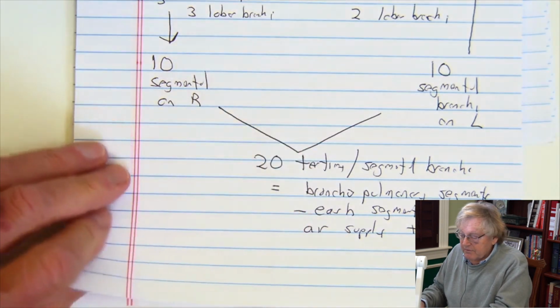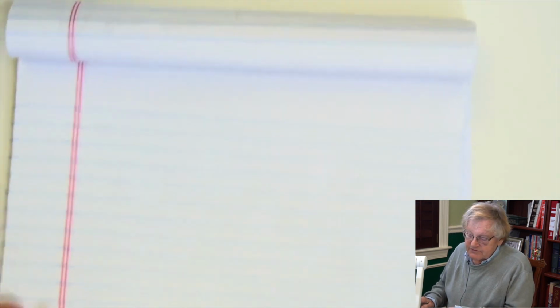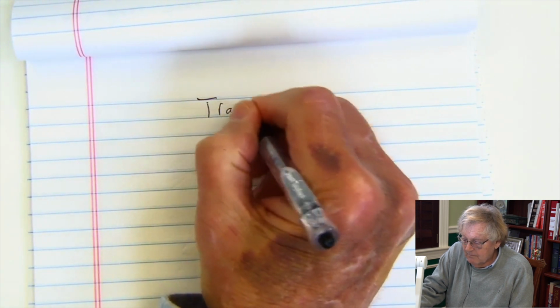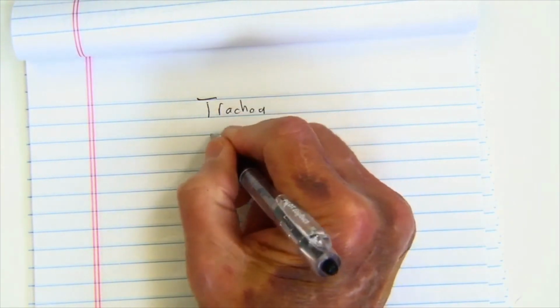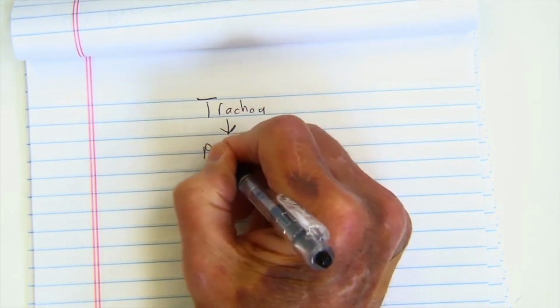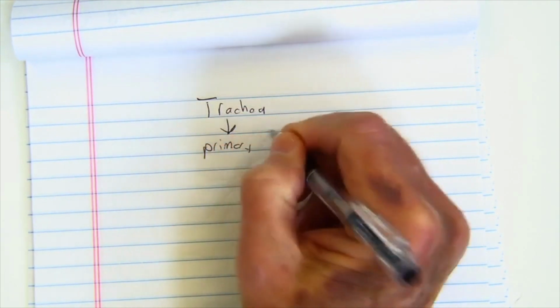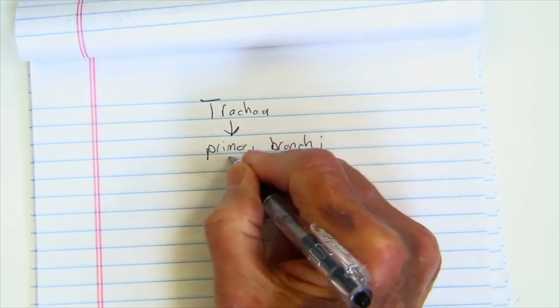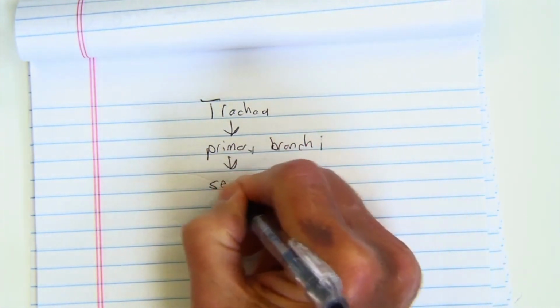Also on the respiratory tree, we also want to realize that just writing down the names of these structures, just remember you've got trachea. Trachea goes to primary bronchi. Primary bronchi to secondary bronchi.